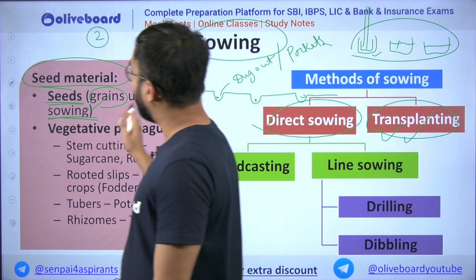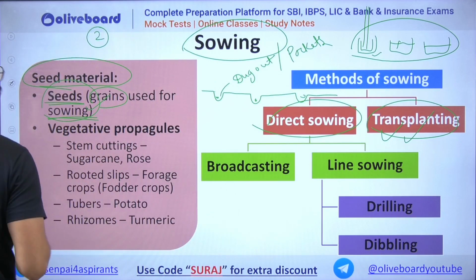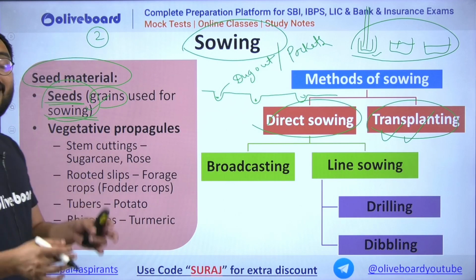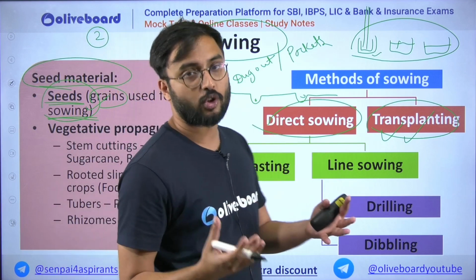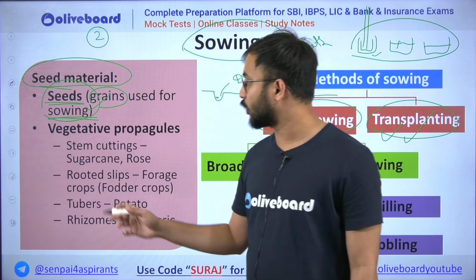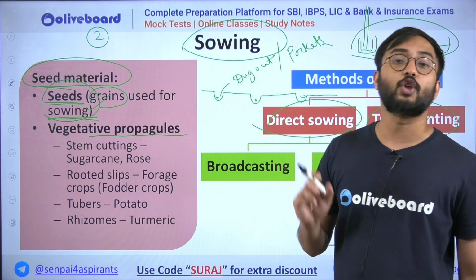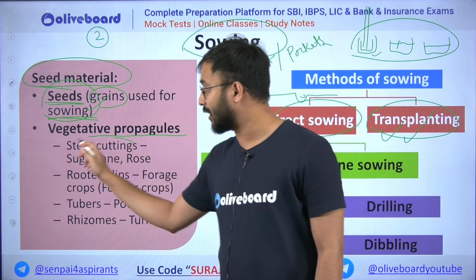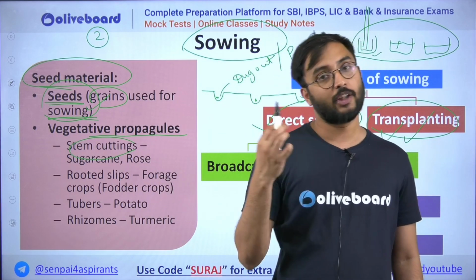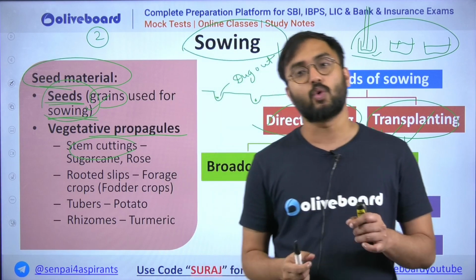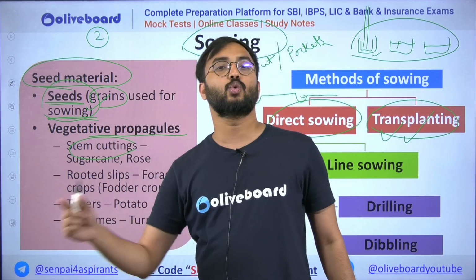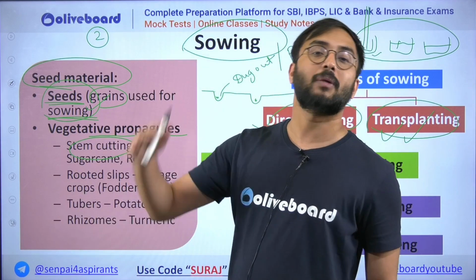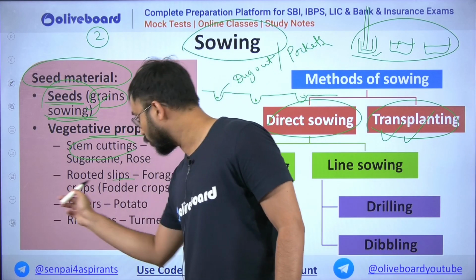Then, if a particular crop is not to be grown by seeds, there are other asexual methods of growth also. What are these asexual growth methods? Such as vegetative propagation. For example, stem cutting. You all would know the rose. If you cut the stem of the rose and plant it into the soil or mud, automatically a new plant will grow out of it. Then comes rooted slips.